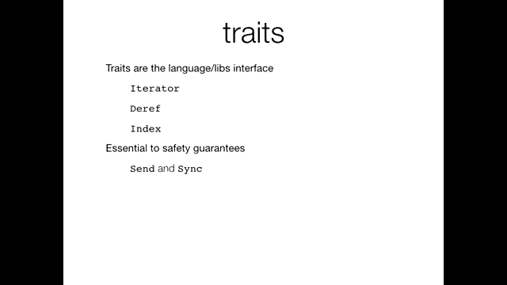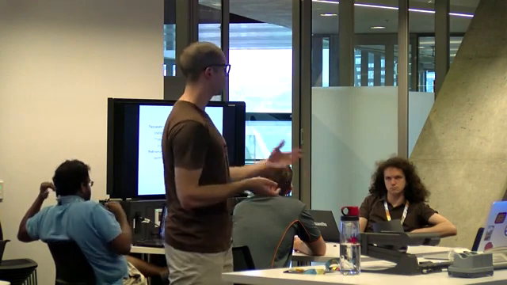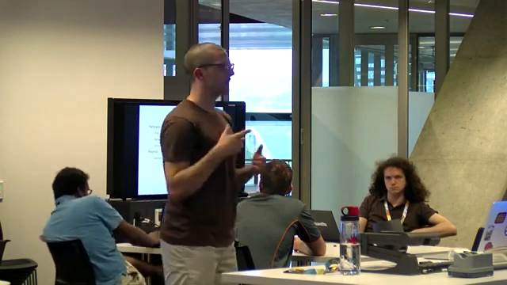Traits are also really important in Rust because they're the way that user-defined types can interact with the language itself. We saw earlier this iterator trait, and we saw the for loop, which is part of the language. By implementing the iterator trait, you allow your own user types to be iterated over using the for loop.